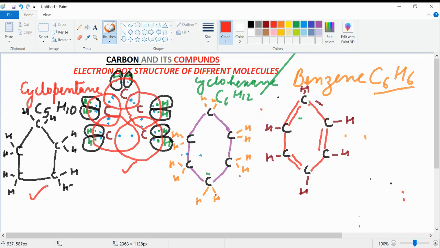And now I will draw the electron dot structure of benzene. Let's start. Shape should remain the same. These are the 6 carbon atoms and each carbon is bonded with one hydrogen atom.